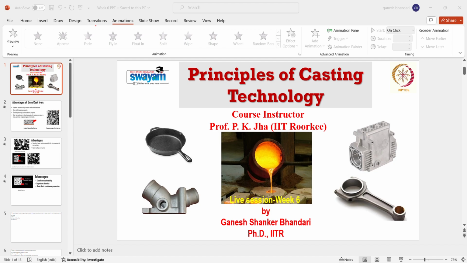So the fluidity of alloy steel, because your freezing range is going to coincide, will be lower as compared to cast iron. So this statement is true. Then coming to the second statement, casting of alloy steel is relatively easier than that of cast iron.